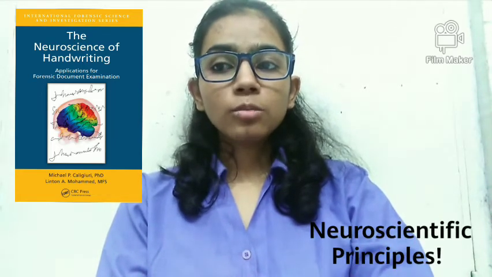To bridge the gap between the theory and practice, there is a book named the first edition of The Neuroscience of Handwriting, Applications in Forensic Document Examination by Michael Caligiuri and Linton Mohammed, published by the CRC Press in 2012, which focuses on the examination of the essential neuroscientific principles underlying normal and pathological hand motor control and handwriting.